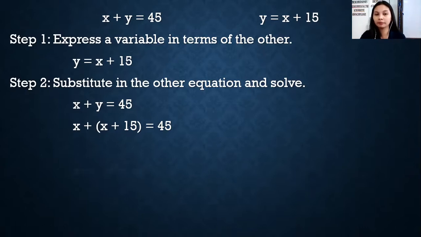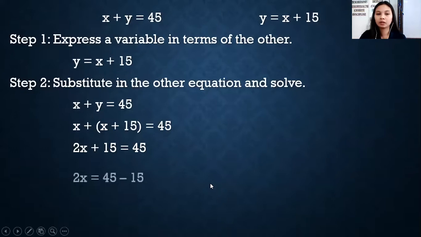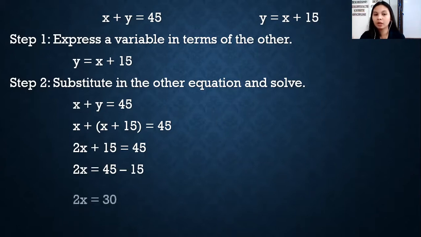Okay? Ayan siya. So, magiging x plus x is 2x, and then 15. Ayan, copy lang. And then, 15 po, nilipat ko on the other side, naging negative 15 po. Again, pag nagtatranspose, nagbabago po yung sign natin. Okay? So, simplify nyo muna yung nasa right side. So, magiging 45 minus 15 is 30 po.